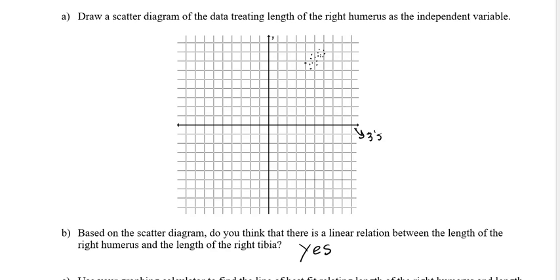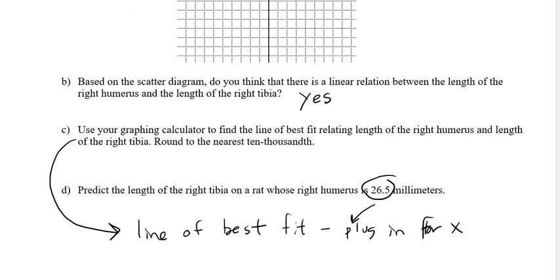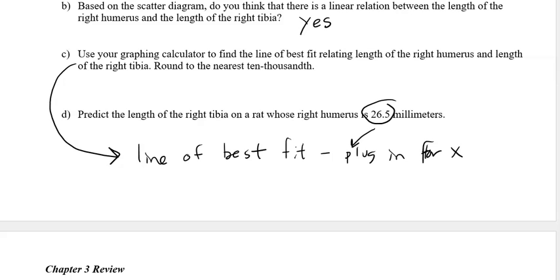You should see that they form a linear relation. So really it's just a matter of knowing this on your calculator and then plugging the number in for part D into that line of best fit.